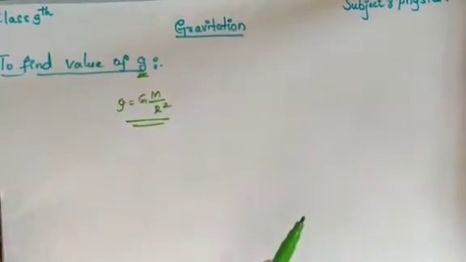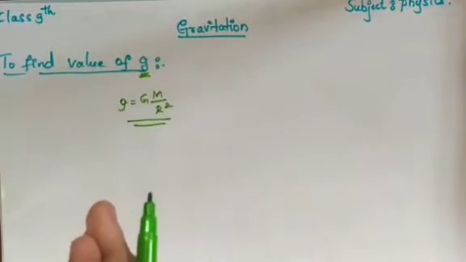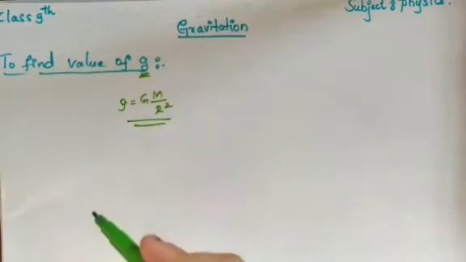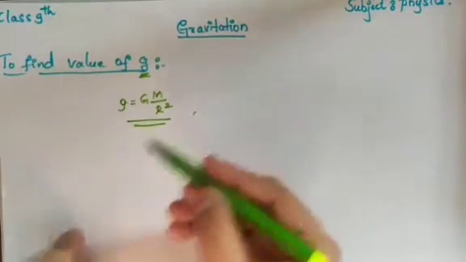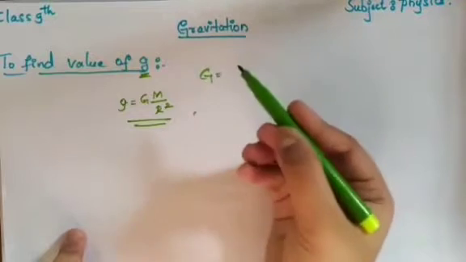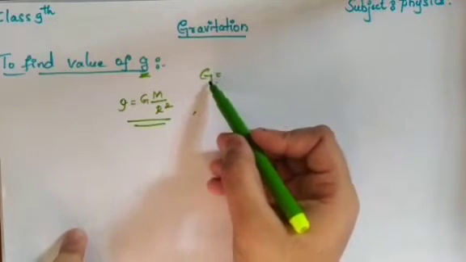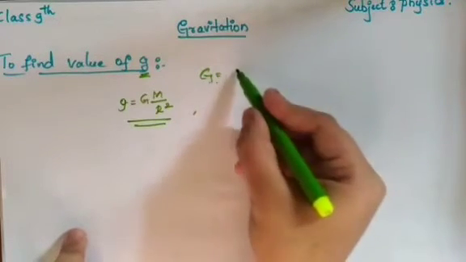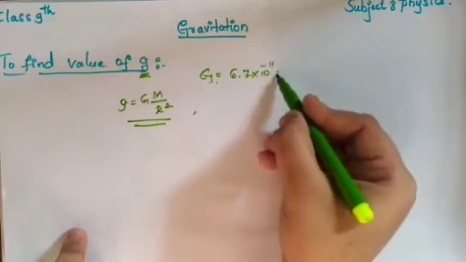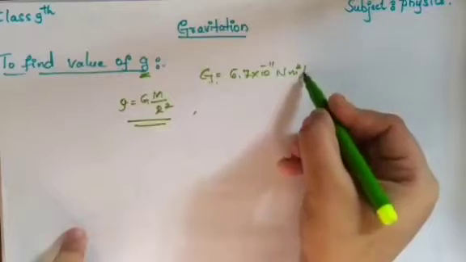In a free fall of an object, the value of g, that is acceleration due to gravity, remains constant, isn't it? So that is why we are going to derive this constant term here. To derive that, what is the value of capital G, the universal gravitation constant? The universal gravitation constant value is 6.7 into 10 power minus 11 Newton meter square per kg square.